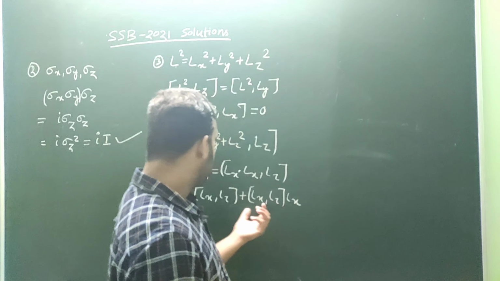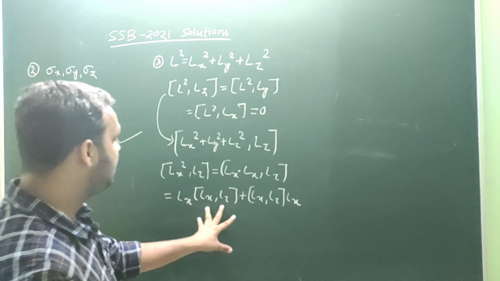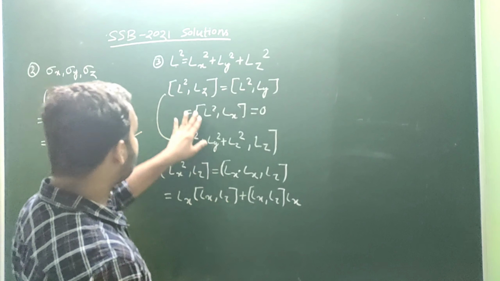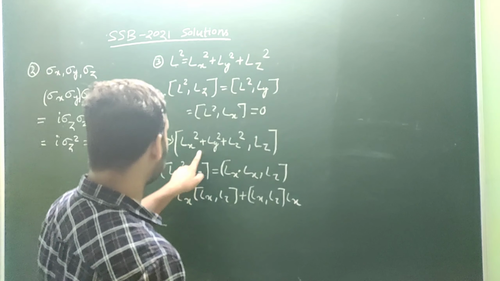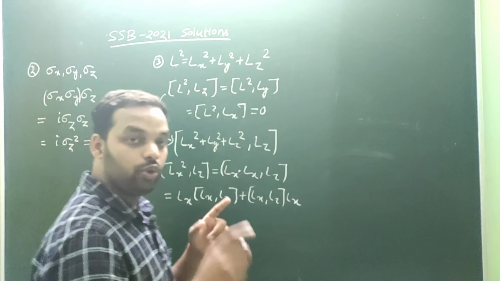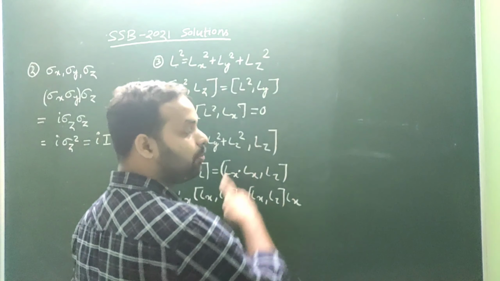Similarly here also, then you will get two negative terms, and when you take this Ly square with Lz, then you will get two positive terms. Okay, so negative and positive will cancel out.